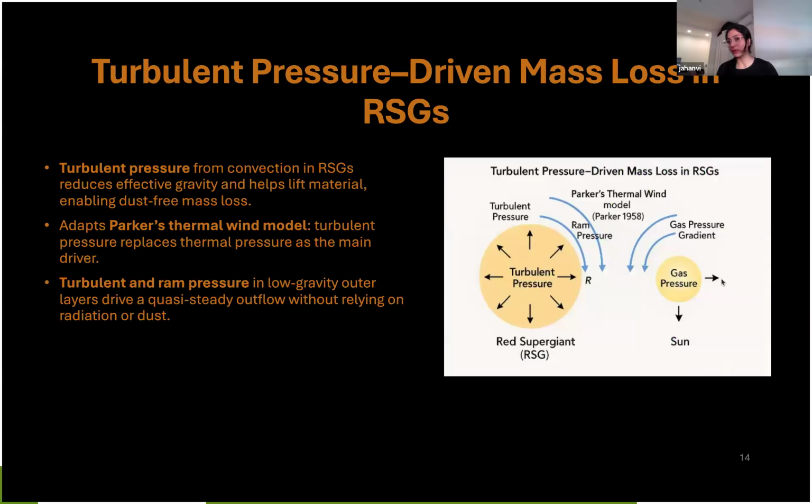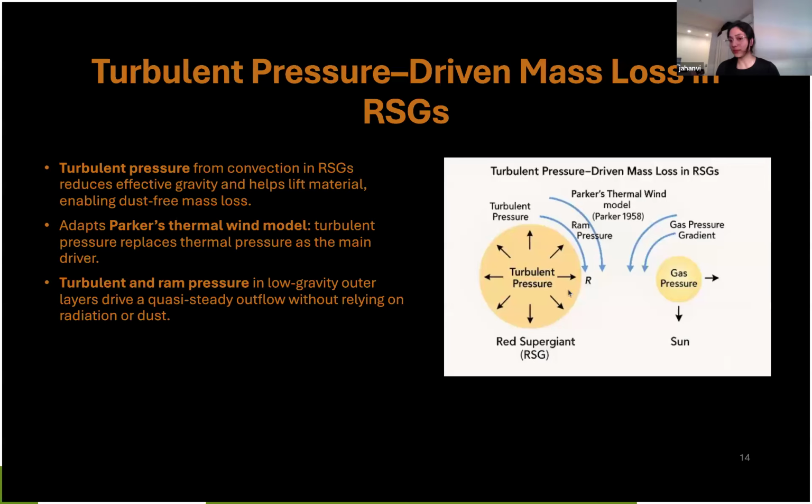Parker's thermal wind model suggests that the thermal pressure of the corona is the main driver of the mass loss, basically. And so what they did is they took the same concept and applied it to red supergiant stars, and they say that in place of thermal pressure, we have the turbulent pressure.